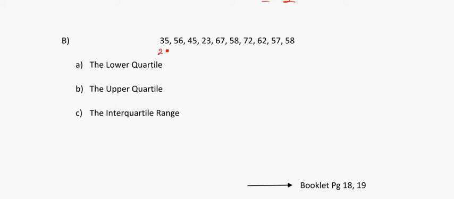So start at 23, and then next one's 35. Cross it out.